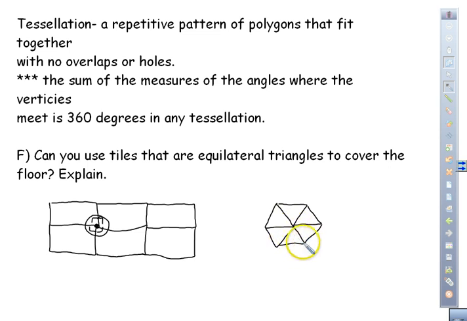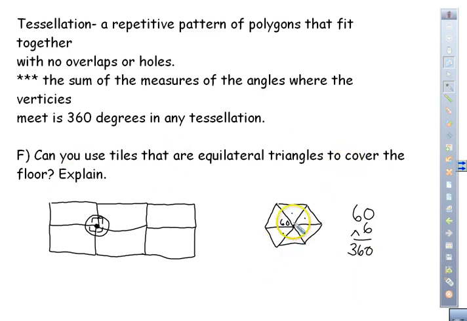Now, if we recall in the last question, an equilateral triangle was 60 degrees. So we have 1, 2, 3, 4, 5, 6. And does 60 degrees times 6 equal 360 degrees? Yes, it does. So the answer to this is yes.